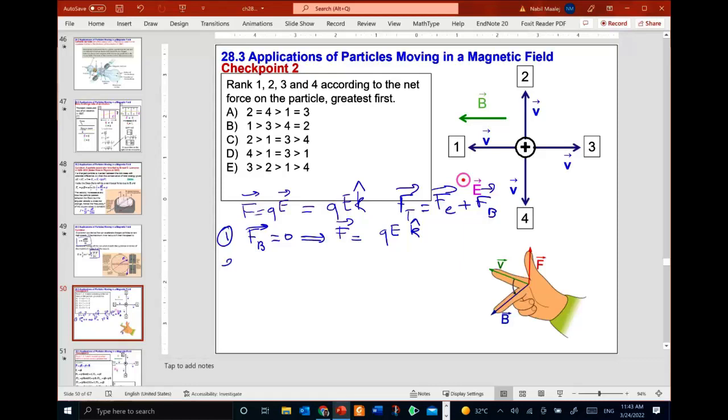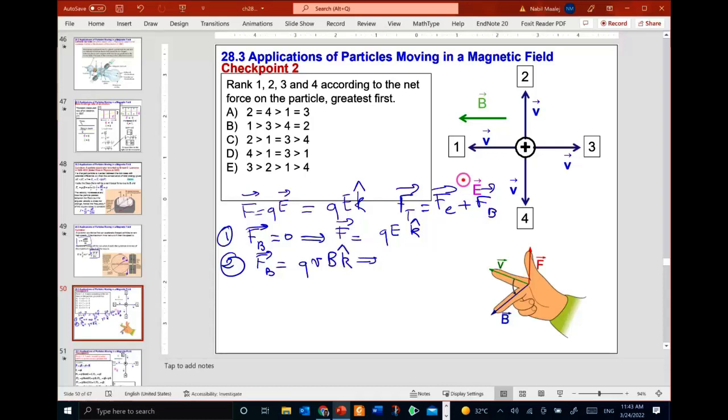Let's take the second situation. We have the velocity vector up and the magnetic field vector to the left. So the force is outside of the page, in the plus k direction. We can write FB equals QVB times plus Z direction, which is k.